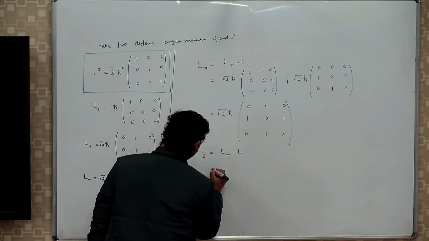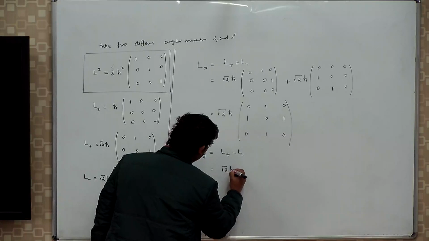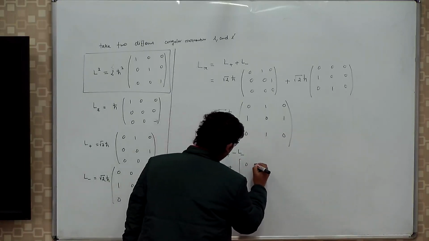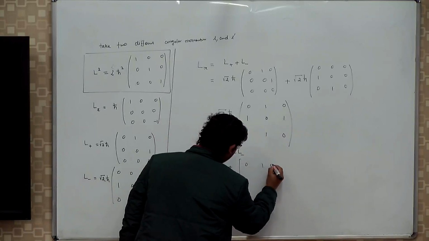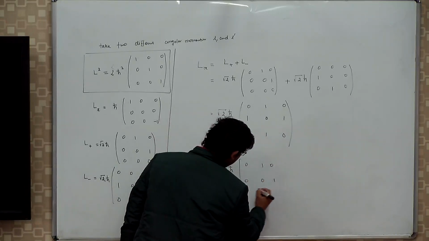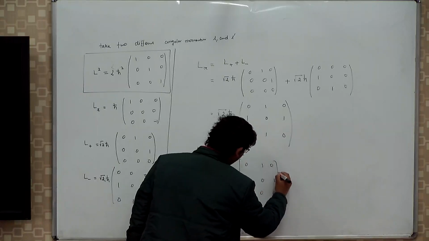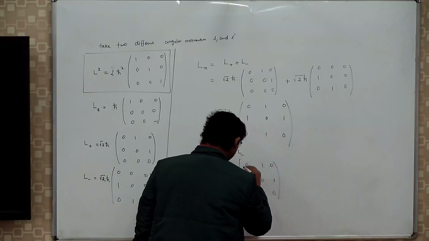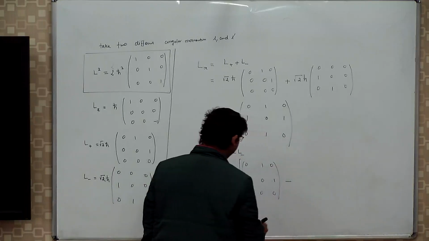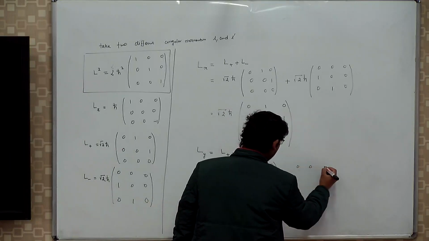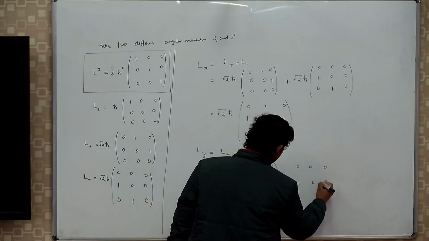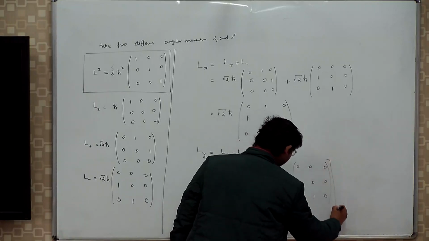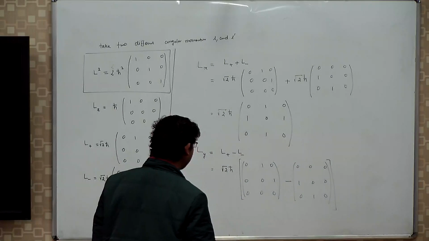Then square root of 2 h cross times 0, 1, 0, 0, 0, 1, 0, 0, 0, minus 0, 0, 0, 1, 0, 0, 0, 1, 0 for the L minus value.